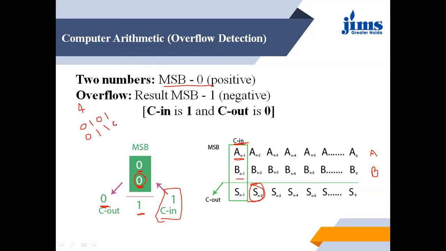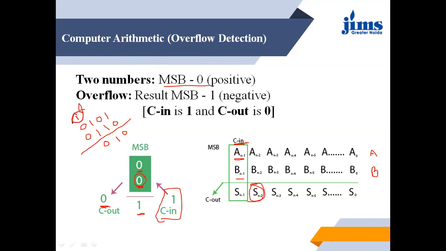When we add these two numbers, as both are positive, 1 and 0 is 1, 0 and 1 is 1, and 1 and 1 is 0, which means we are getting a carry from the last bit, that is C in.